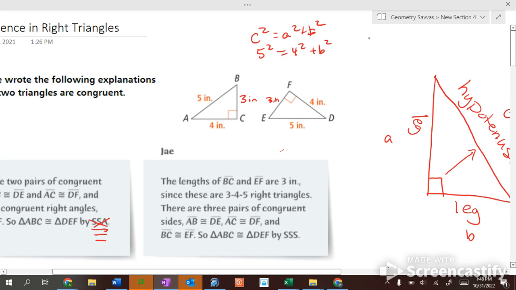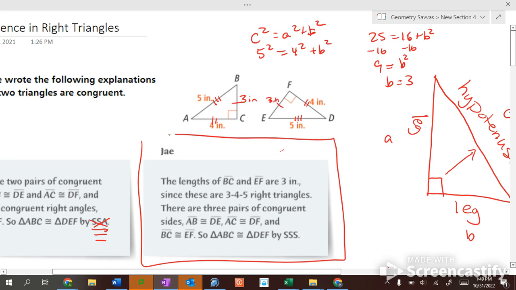So 5 squared equals 4 squared plus B squared, or 25 equals 16 plus B squared. Subtract 16. B squared equals 9. B equals 3. So for both of them, since this is 5 and this is 4, these are each 3. So this is congruent to this, and this is congruent to this. Does Jay's answer work by side-side-side? The answer is yes. It works by side-side-side.